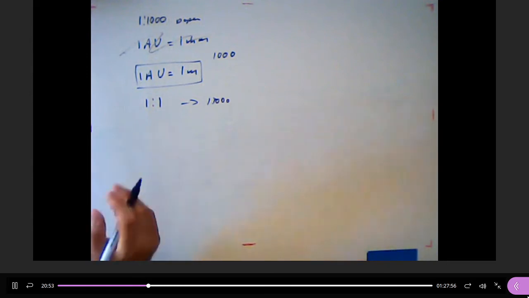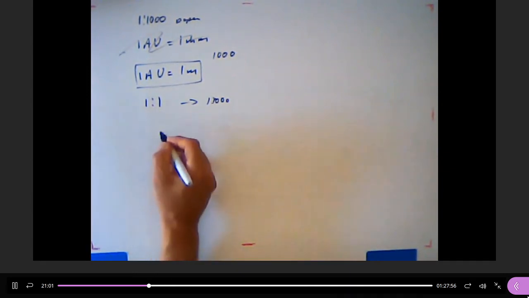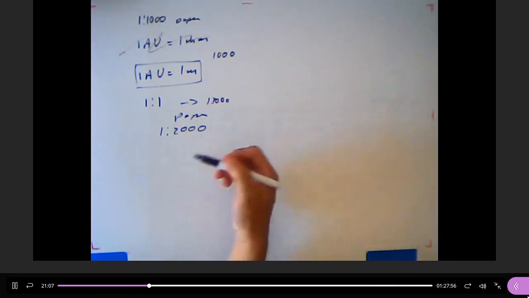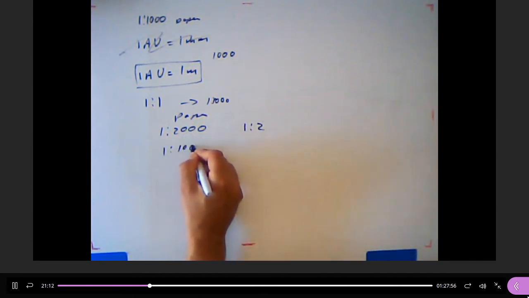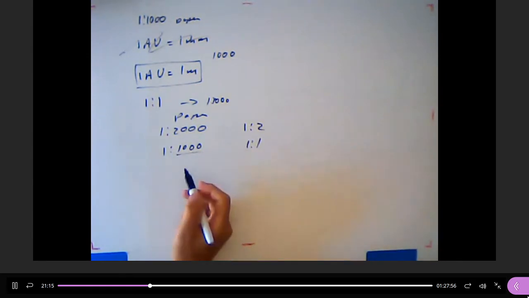If you were an architect, we wouldn't be having this discussion, but because we're civil practitioners, we're doing something else. Now, if I want to plot on paper at 1 to 2,000, that's my paper scale, I have to use metric 1 to 2. 1 to 1,000 is 1 to 1. Basically divide this number by 1,000.